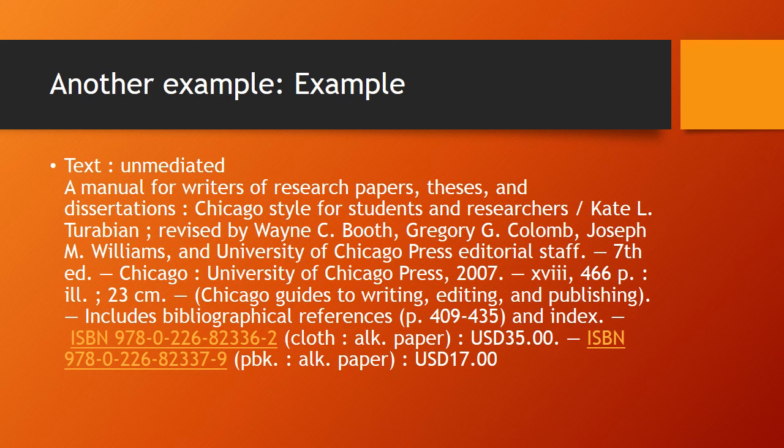This is another example of an ISBD type record. Again, that very first element is that it's a text. Unmediated means that it's not an ebook. We can tell the main title and the subtitle. We can tell who the authors are, etc.